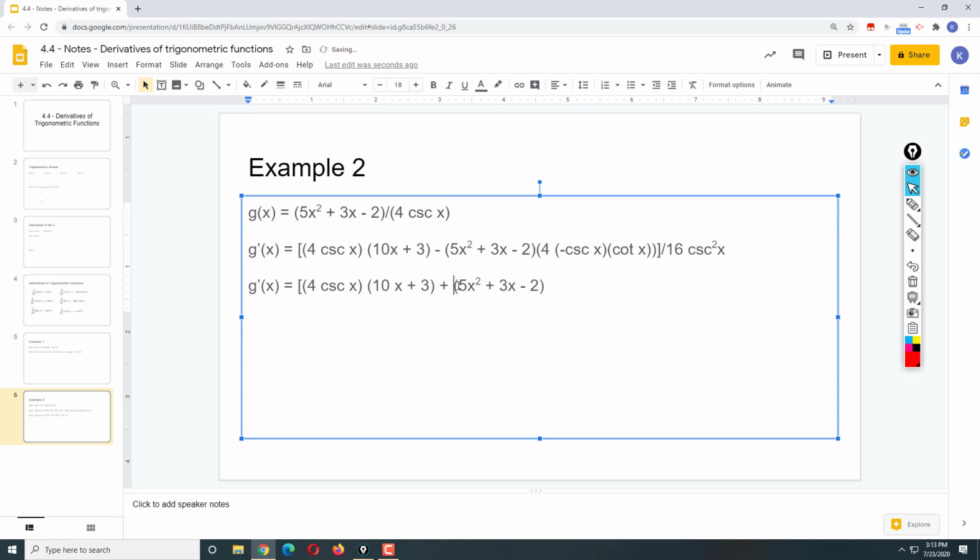We can pull out the 4 in front. And then we have cosecant x cotangent x. So that's what's on top, divided by 16 cosecant squared x. We could simplify it further. There's a 4 on top on both terms and a 16 on the bottom, so I can cancel out the 4 with the 16, and we end up with 4 on the bottom.